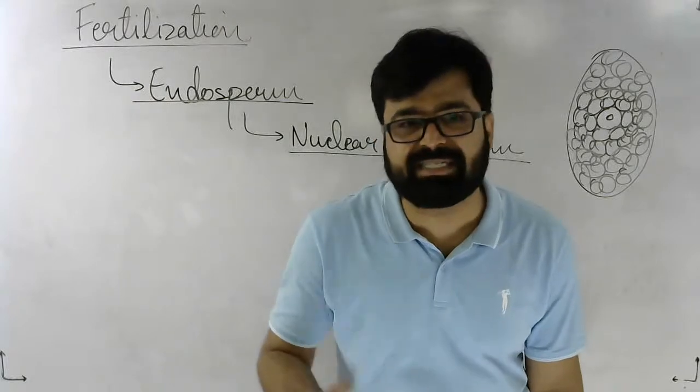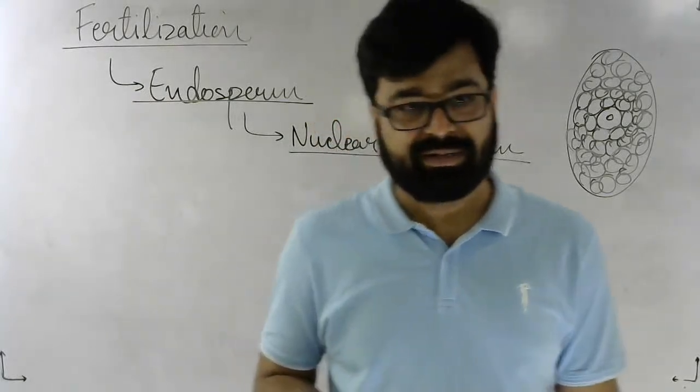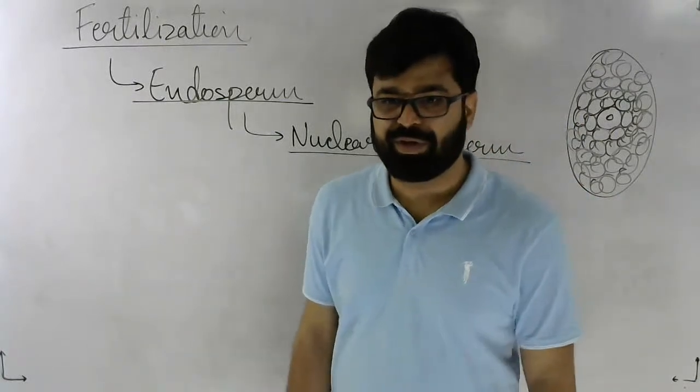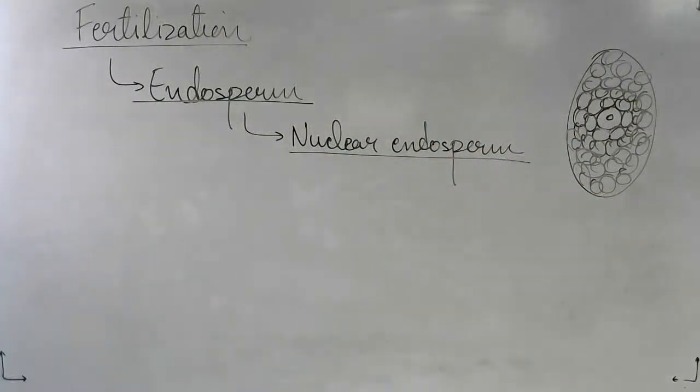Okay, that's why it is suggested to have coconut water. All right, it is very nutritive in nature. Okay, yes. All right. So that was about the nuclear endosperm. We have discussed the examples also.